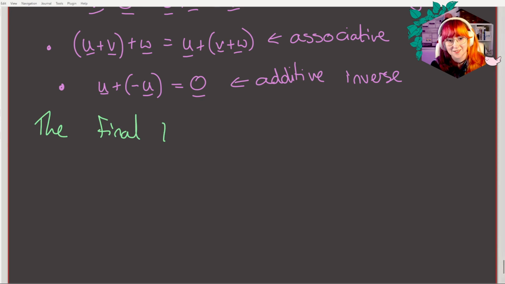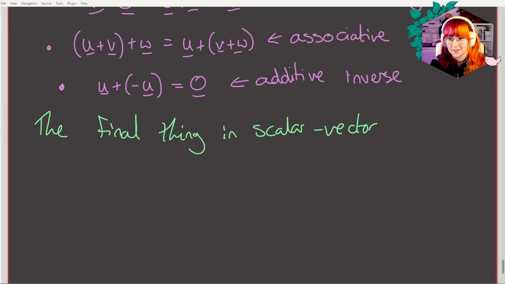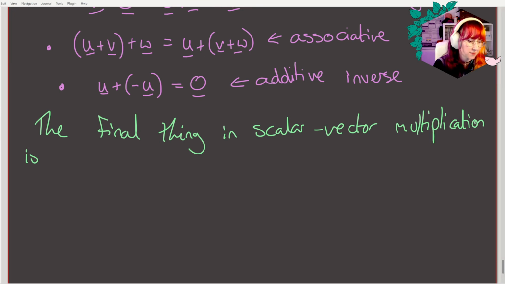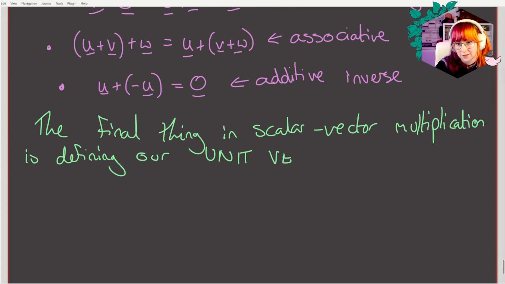The final thing in scalar vector multiplication is defining what are called unit vectors.